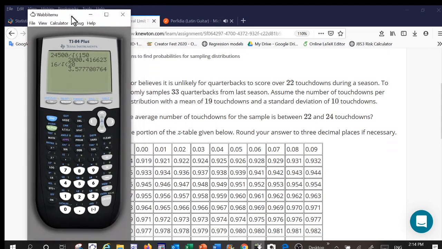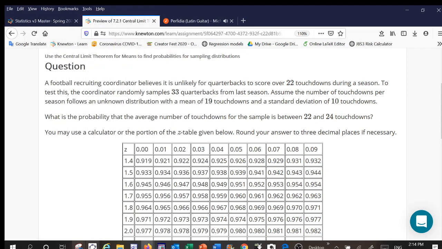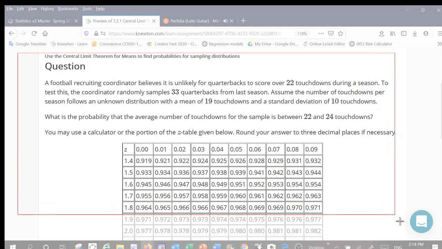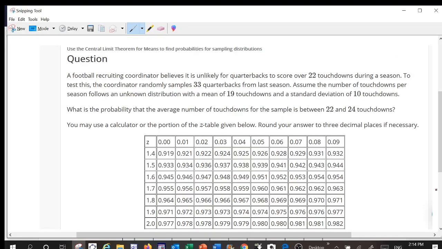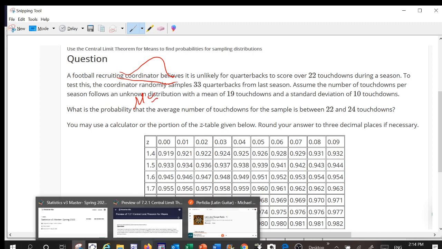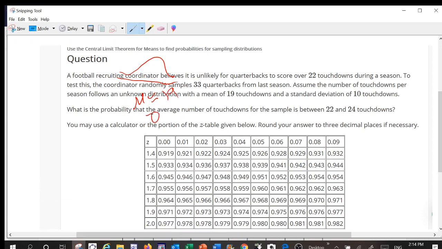So the question is basically, let me draw a picture so we can write on it. Here you have a distribution, which is the original distribution, with a mu of 19 and a standard deviation of 10.